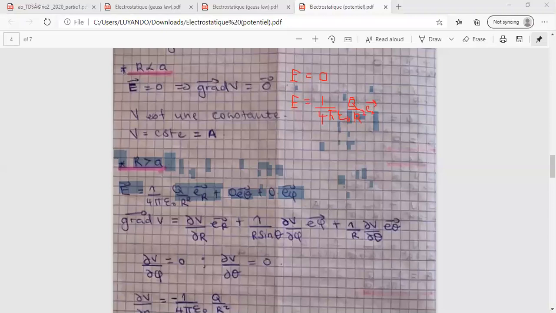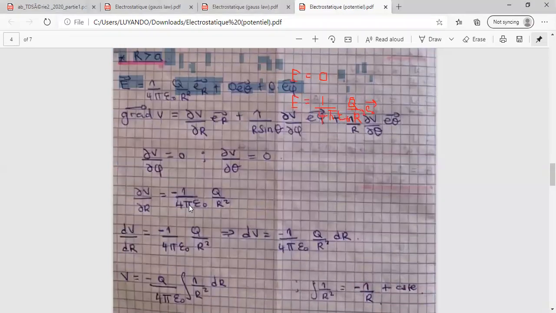So our dV dr is going to be equal to negative 1 over 4 pi epsilon 0 Q over R squared in the direction ER, and the ER directions will cancel.